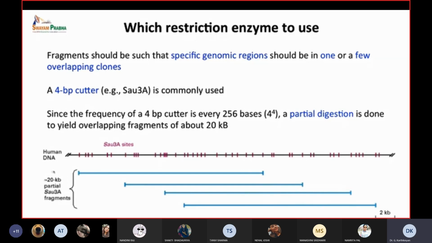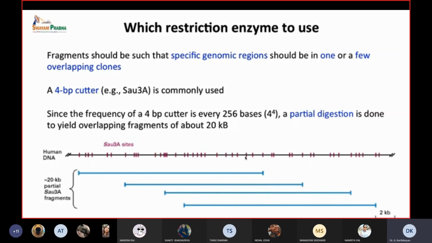For example, if you want to generate about 20 kb fragments, you have to set up the digestion reaction and standardize how much Sau3AI and how much time is required to digest a particular genome into about 20 kb fragments. You can check this on the agarose gel.